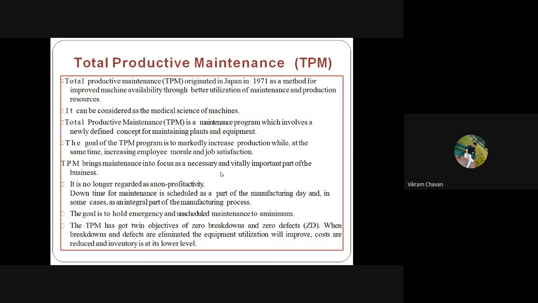Okay, in 1971. These activities also originated in Japan in 1971, and most of the companies in the world are following these kinds of activities. Which activities? Poka-yoke, Kaizen, Kanban, Six Sigma, and this TPM.